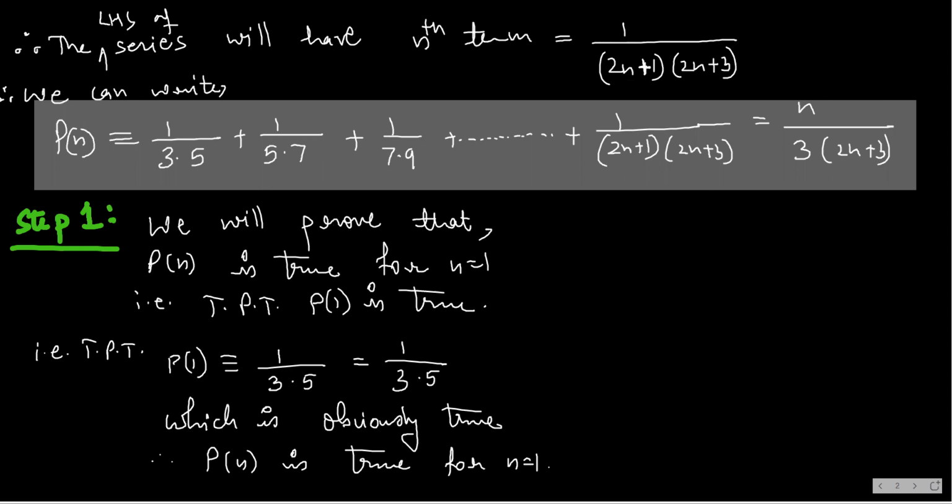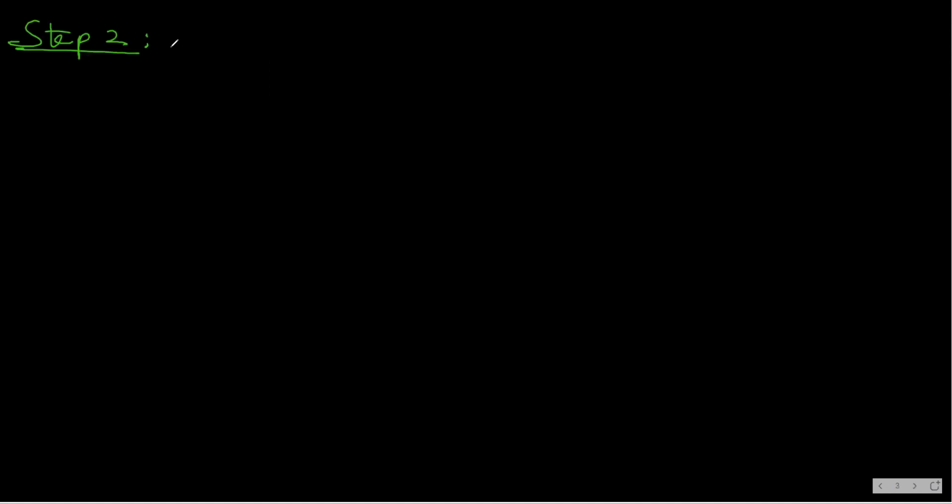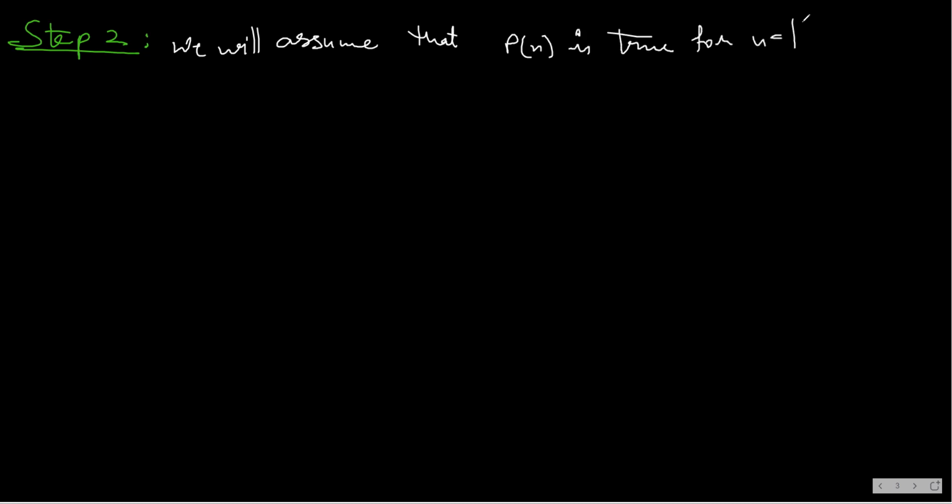So I write, step 2, we will assume that P of n is true for n equals to k. That is P of k is true. Now see, if P of k is true, what is true?